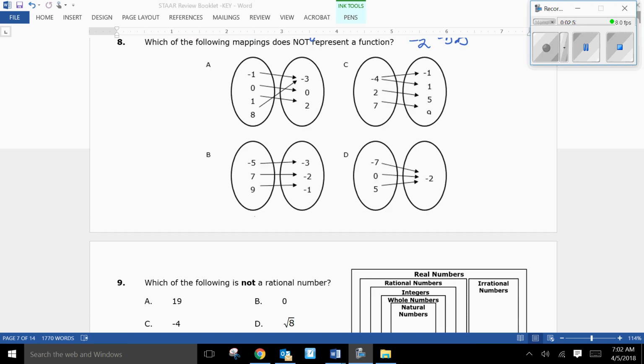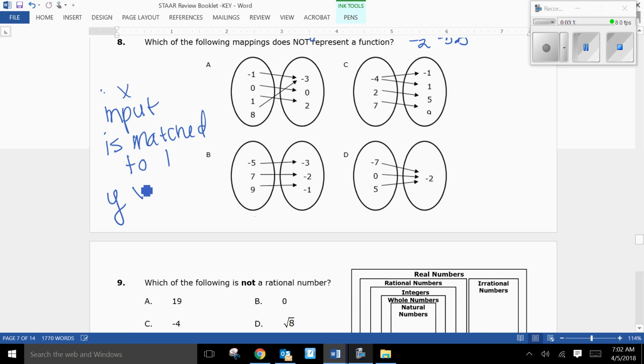Okay, number 8, which of the following mappings does not represent a function? So a function is when each input, or x value, is matched to one y value, or output.